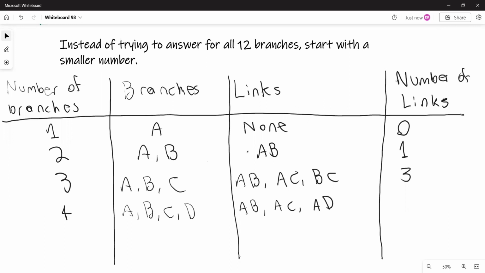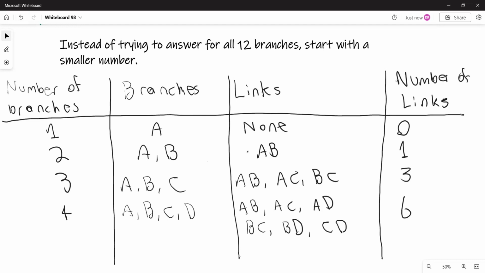We're not linking B with itself. We have next BC, BD. Then AC is the same as CA. BC is the same as CB. The last one is CD. So we have 6 links.